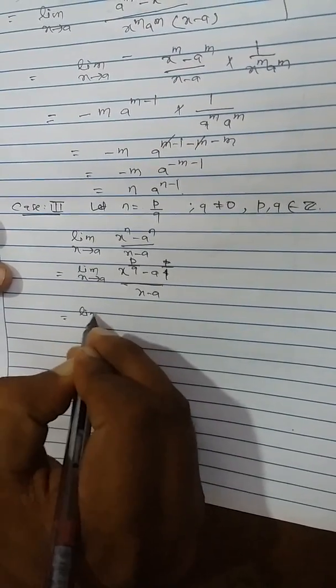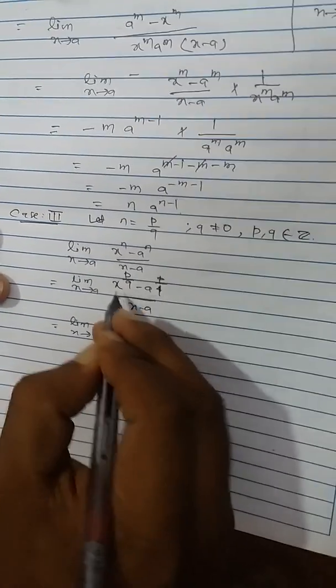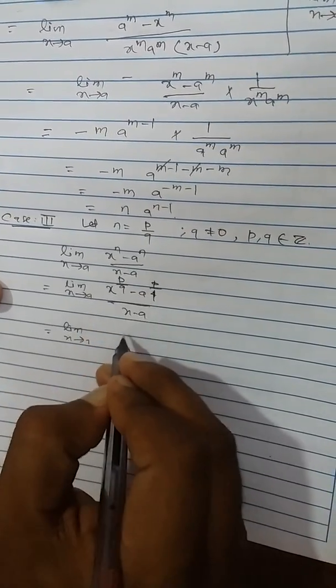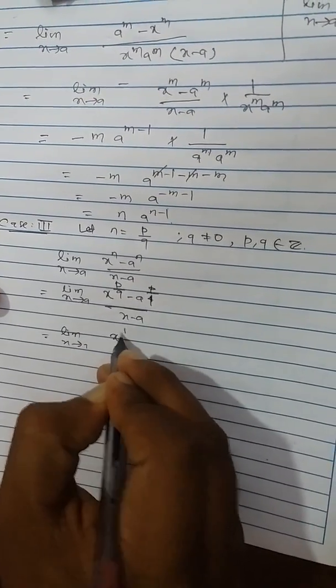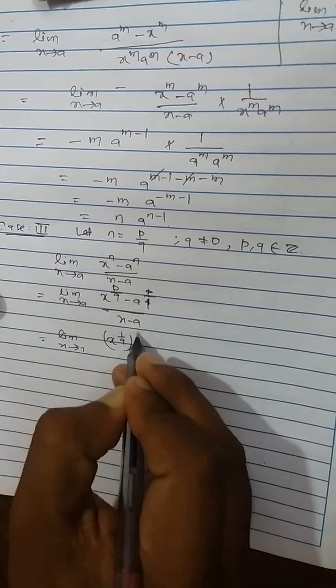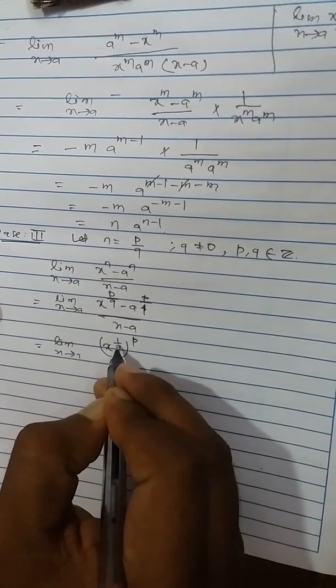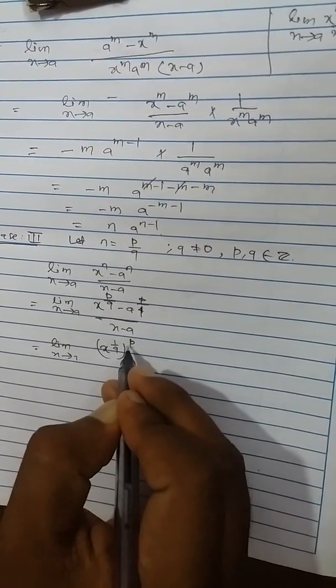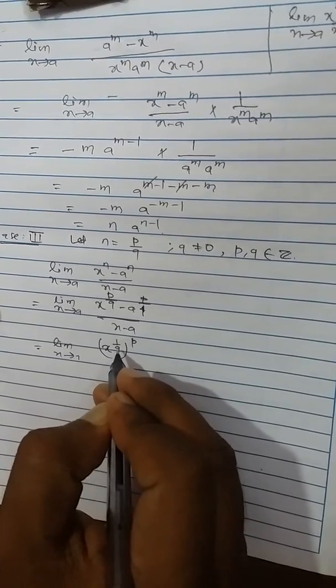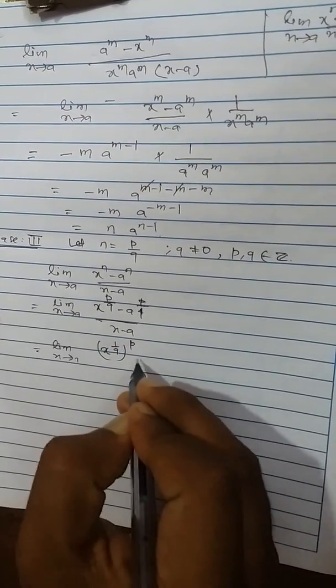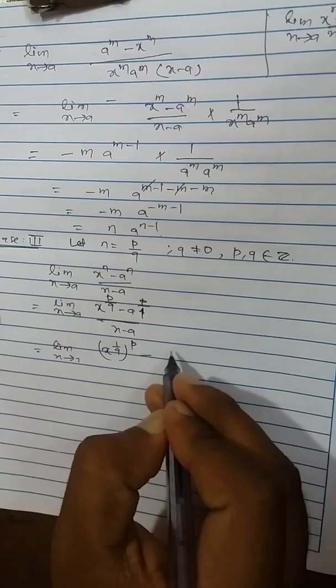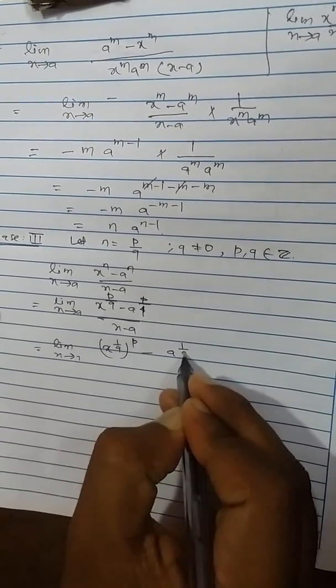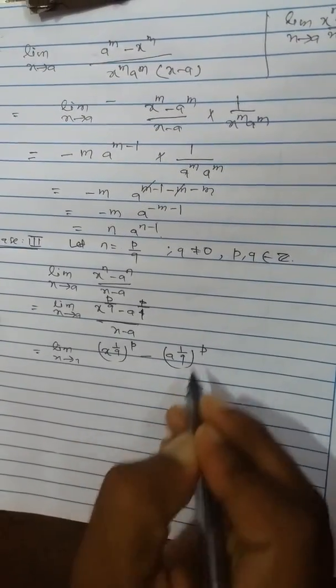Here limit x tends to a stays as it is. I am going to write x to the power p upon q as x to the power 1 upon q, the whole to the power p. Can you? You can, because if a power is raised to a power, the powers are multiplied and it becomes p upon q. Here also a to the power p upon q can be written as a to the power 1 upon q, the whole to the power p.